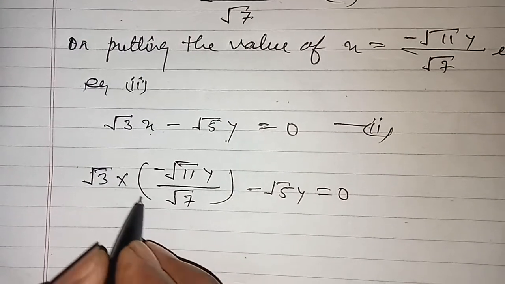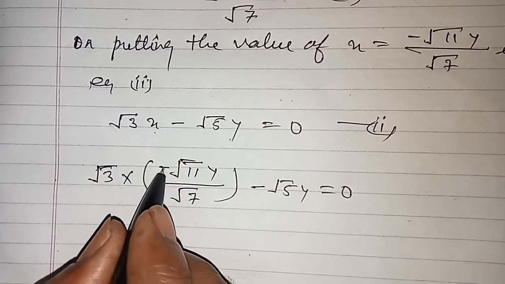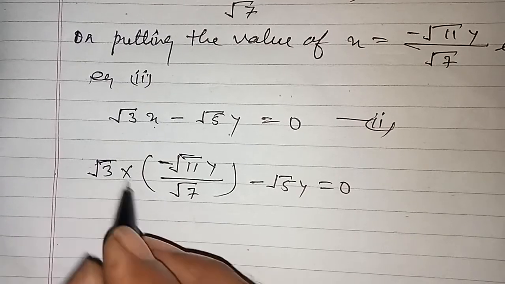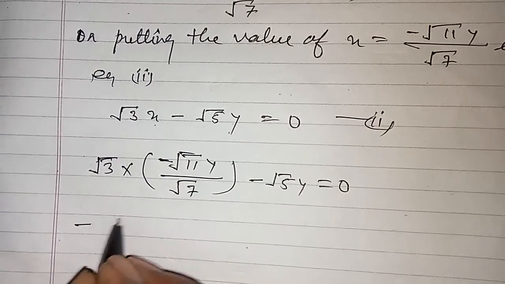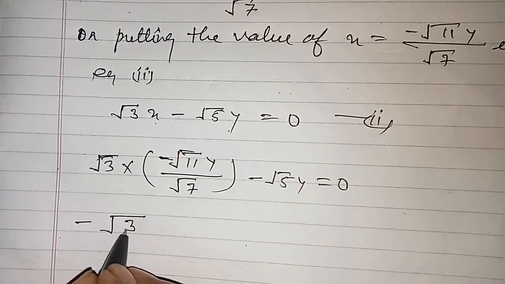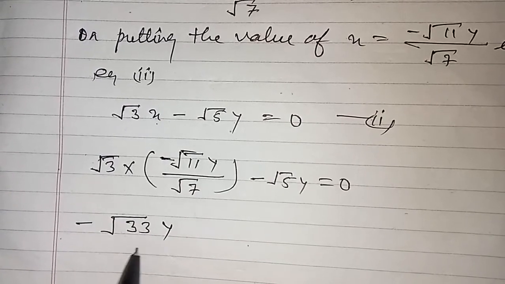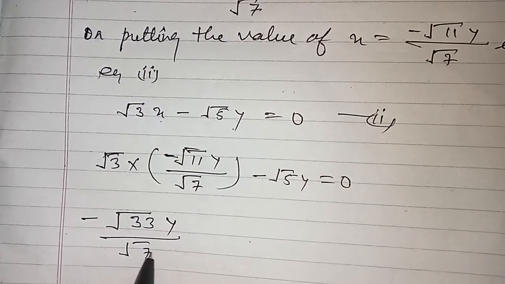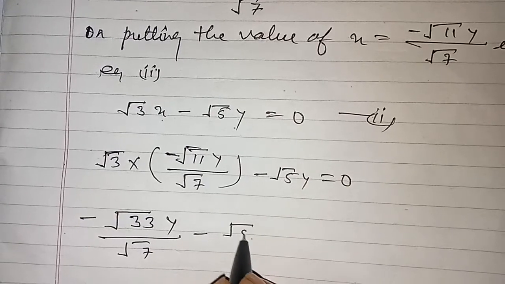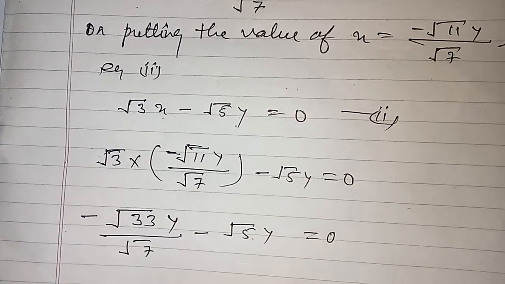Since this is a negative and this is positive, so product will be negative. Minus root 33y upon root 7 minus root 5y is equal to 0.